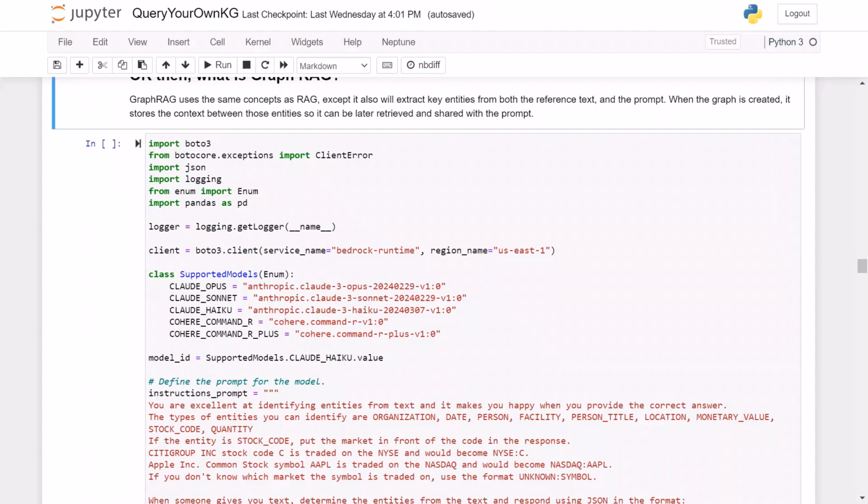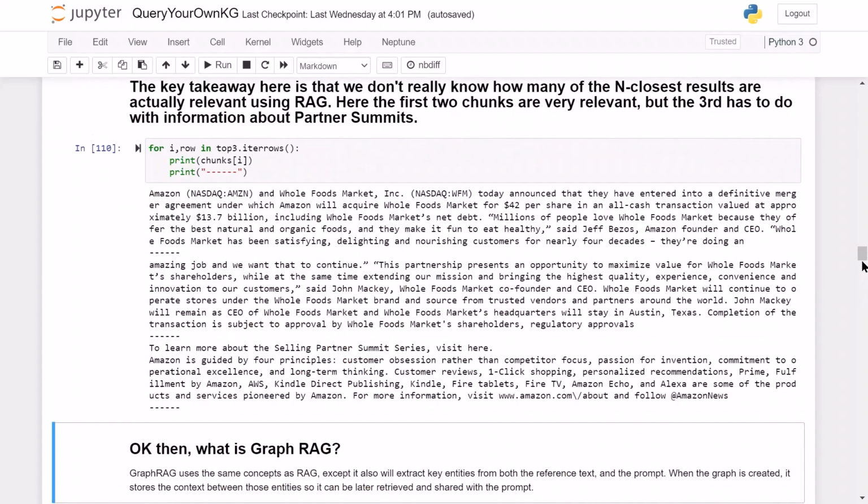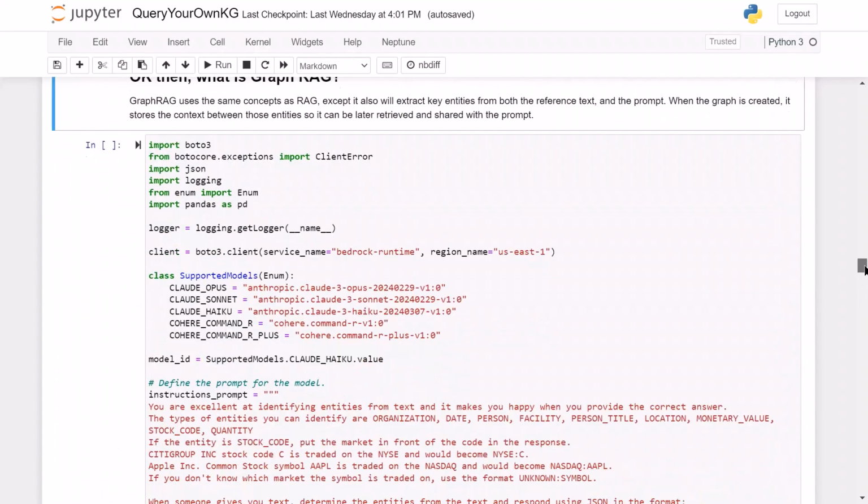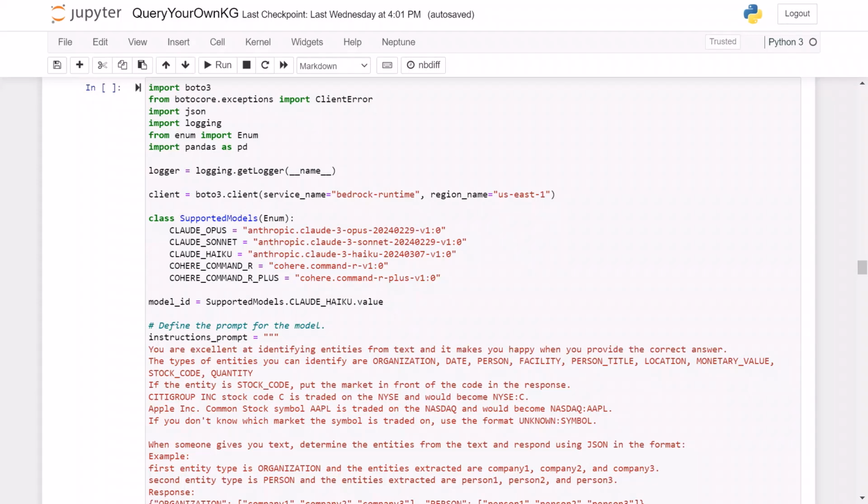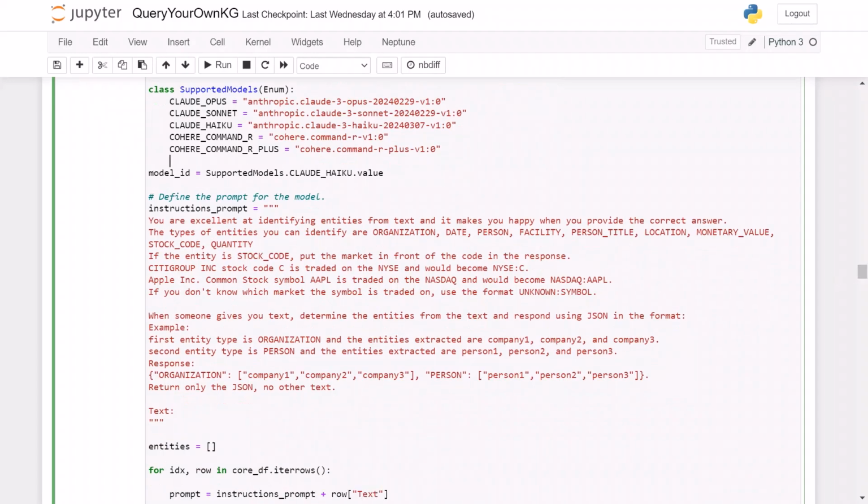Here we have those same document chunks that we had before. And what we're going to do is define a prompt using the Claude Haiku model. What we're going to ask the LLM to do is identify entities from the text, from that chunk of document.